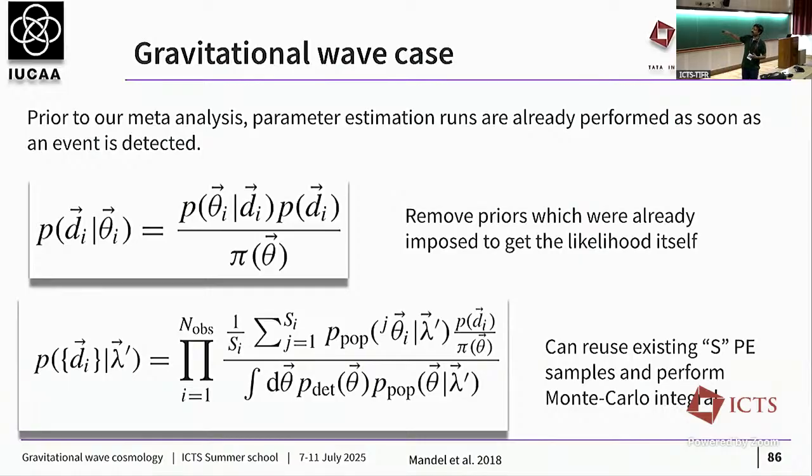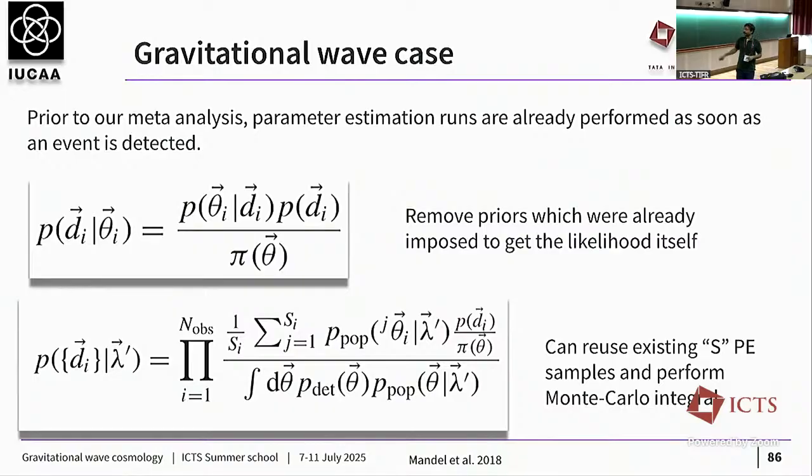So this posterior of parameters given data is information that is already given out. Before doing the cosmology and the rates and populations analysis, the finalized posterior distributions of parameters given the data sets become available to the team.